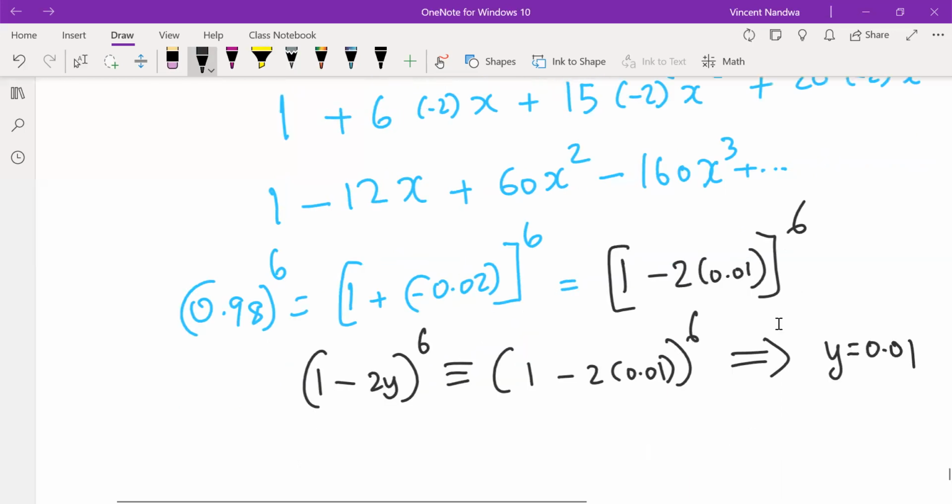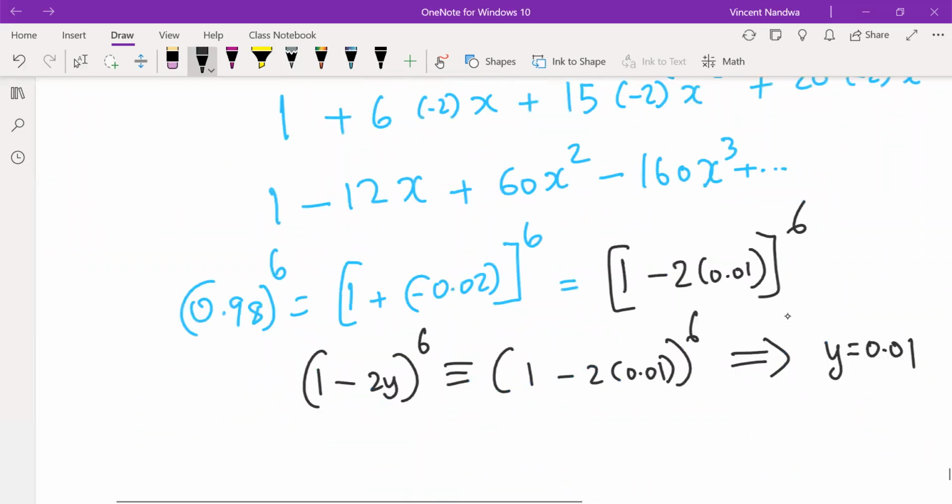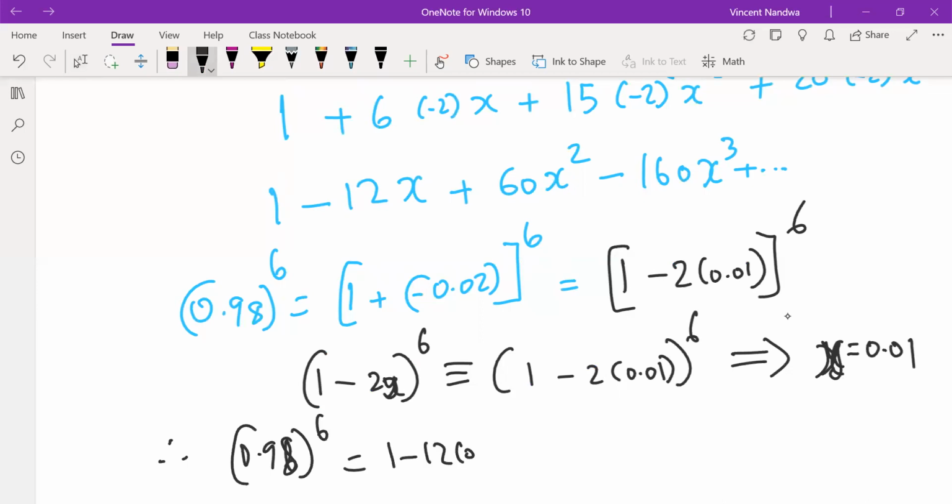So, okay, x is what we're using. So this means that x will be 0.01. Therefore, 0.98^6 will be 1 − 12 times 0.01 + 60 times 0.01^2 − 160 times 0.01^3.